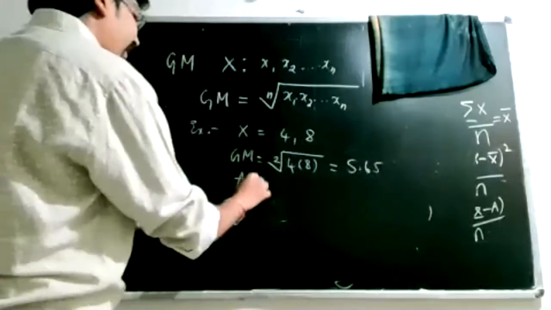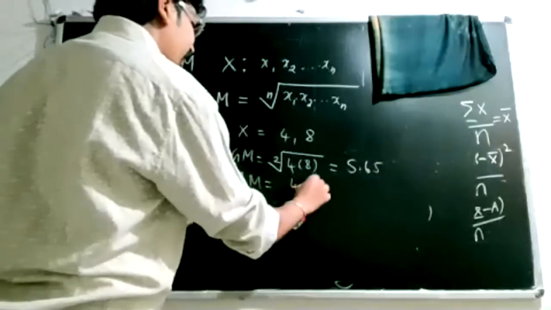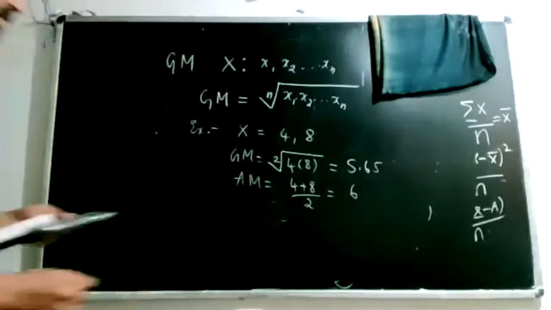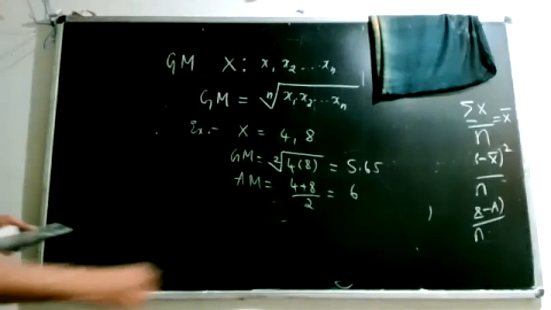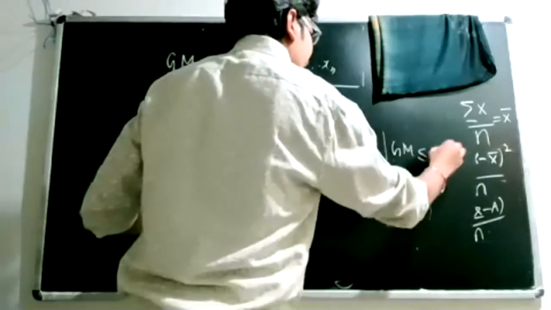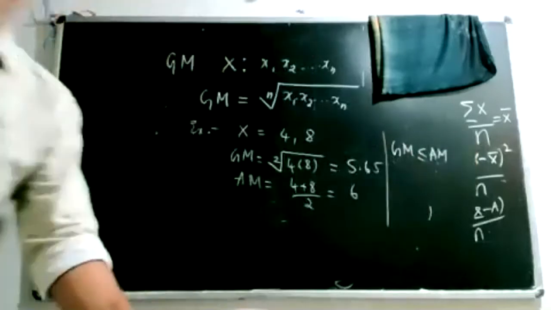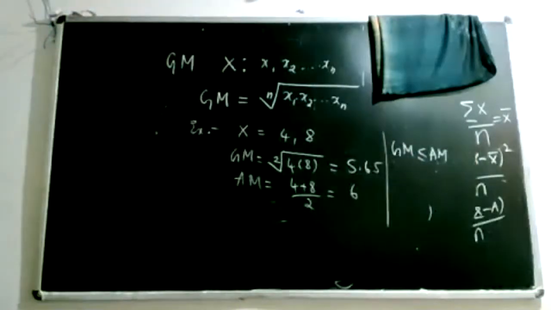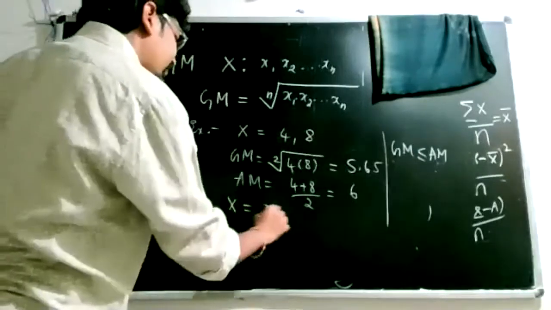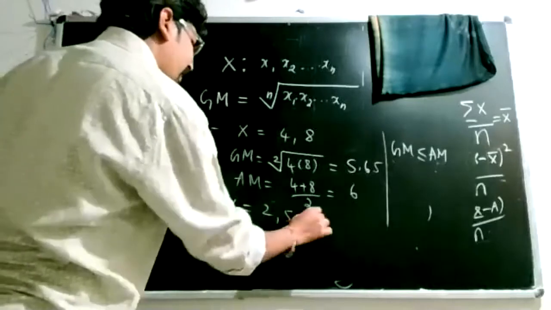So if you look into the value of AM for those two variables, it will be the sum divided by number of observation, which produces 6. So always you can observe that geometric mean is a numerical value which is always less than or equal to the arithmetic mean. On the other hand, if you have say 3 observations, I have 2, 5 and 6.